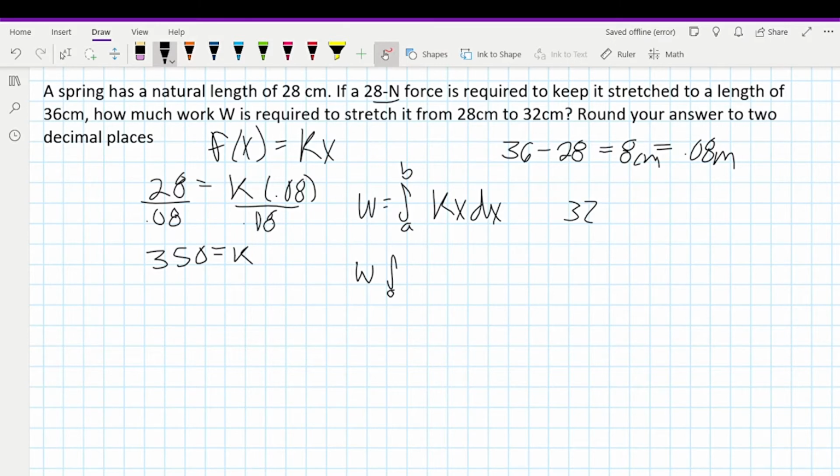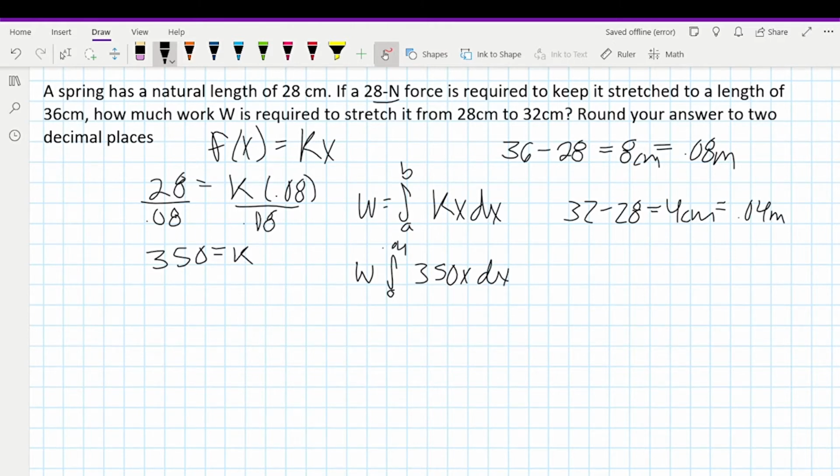So you subtract 32 minus 28 as we did in the first part, and you get 4 centimeters. Once again we convert this, so that gives us 0.04 meters. So your new bounds are 0 and 0.04. We already know our k is 350, and you bring down your x dx.